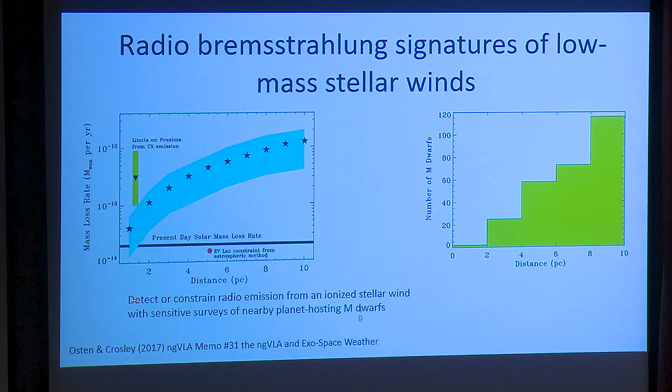This is just to say that we can detect or constrain radio emission from an ionized stellar wind if we have sensitive surveys of nearby planet-hosting M dwarfs. There are devils in the details, but you can actually put an upper limit on the mass loss rate from a non-detection.